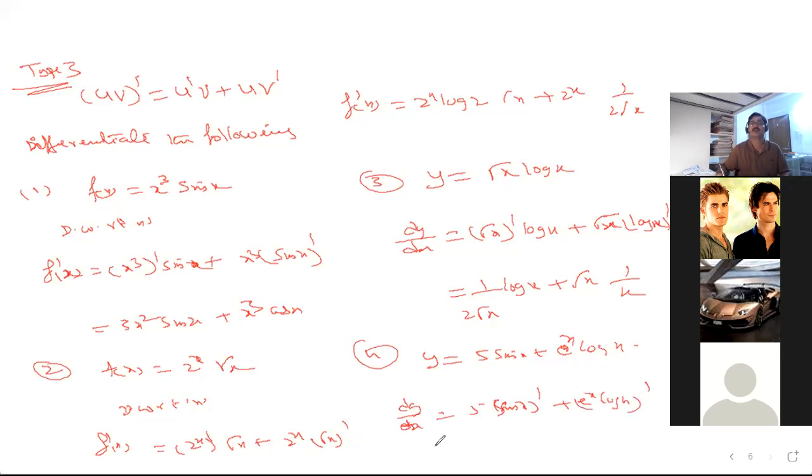Now you see, 5 cos x, then (e to the power of x) dash log x, and e to the power of x (log x) dash. Now you can write in the next step 5 cos x plus e to the power of x log x plus e to the power of x times 1 by x. Like this also you can do it.